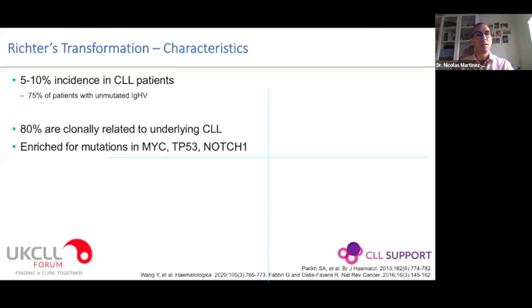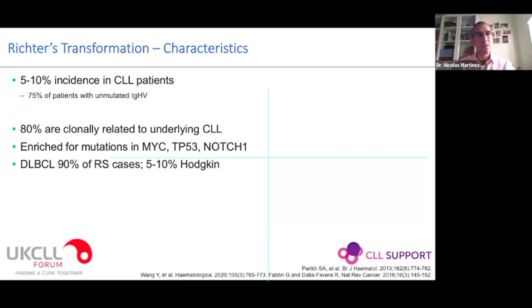It has, as I mentioned, quite significant enrichment of mutations that are associated with aggressive biology, rapid cell turnover, and aggressive behavior such as MYC, P53, and more importantly, NOTCH1, which we'll touch upon in a few slides, because it is emerging as a very specific marker for Richter's transformation.